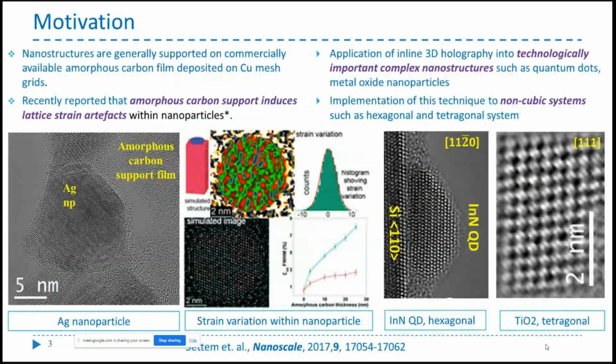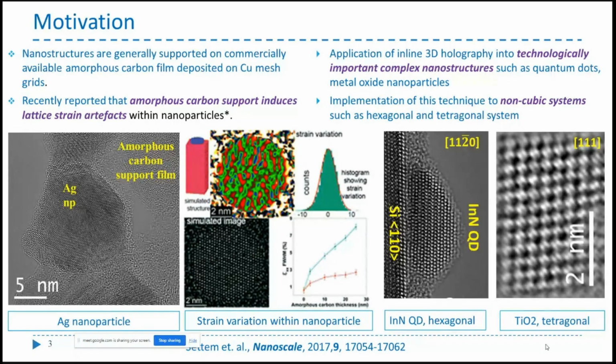Now, what is the motivation of this work? As I previously said, this method was developed previously by Chen, and it was published in Nature Communications before. But that method is basically for material which has no support. Now, think this way.